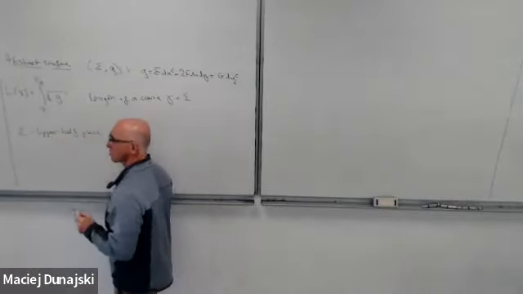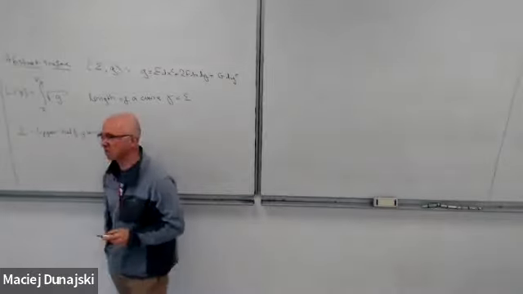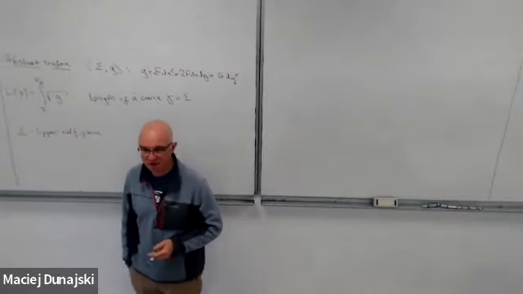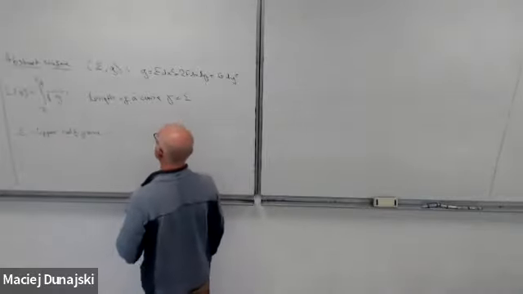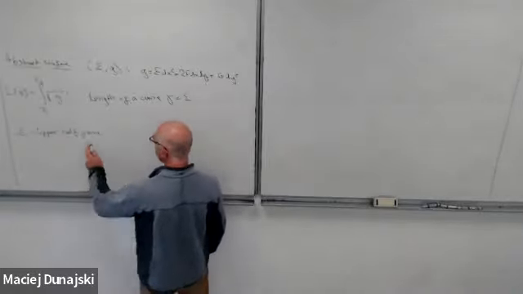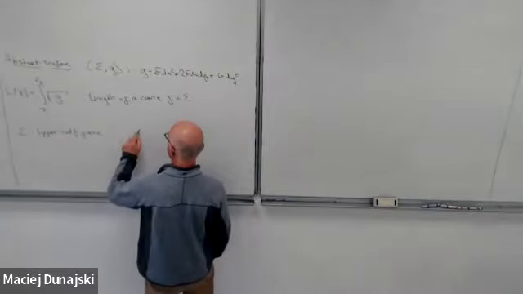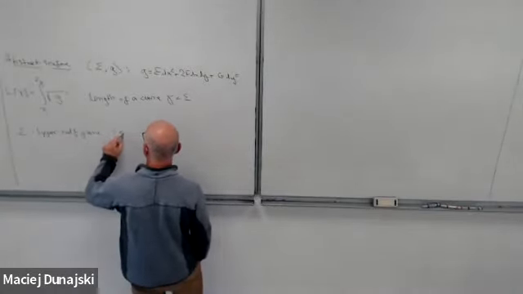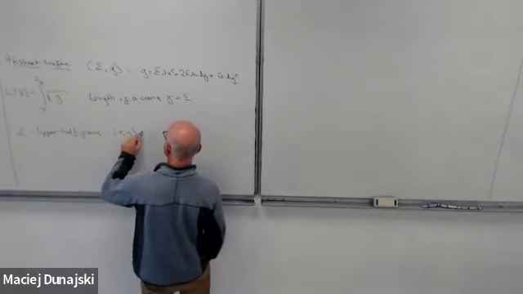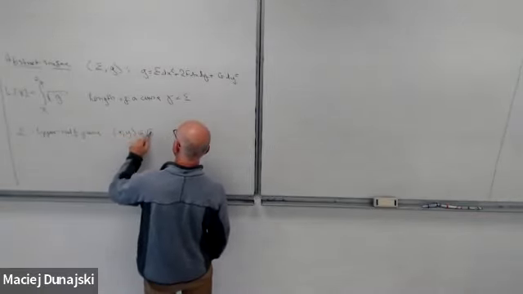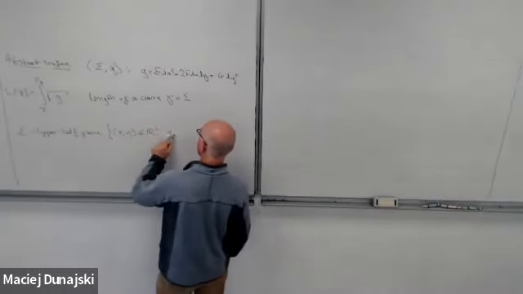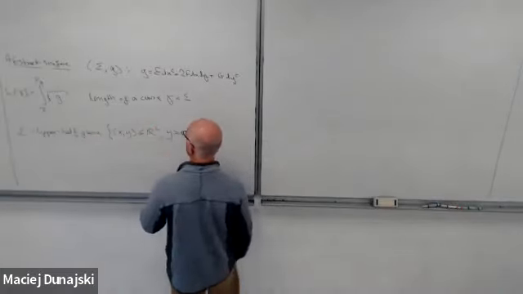So perhaps those of you who are mathematicians would have studied this upper half plane in the context of complex analysis. I'm not going to use complex numbers. So I'm saying that x and y belong to R2, but y is greater than 0.